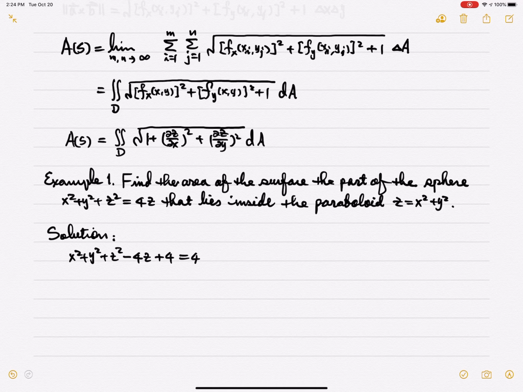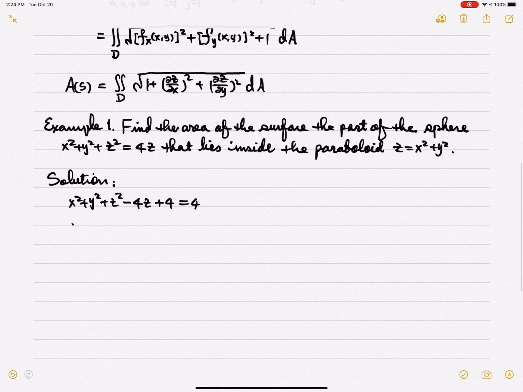This becomes x squared plus y squared plus z minus 2 squared equal to 2 squared. So this is a sphere centered at 0, 0, 2, with radius 2. Now the paraboloid z equal to x squared plus y squared.